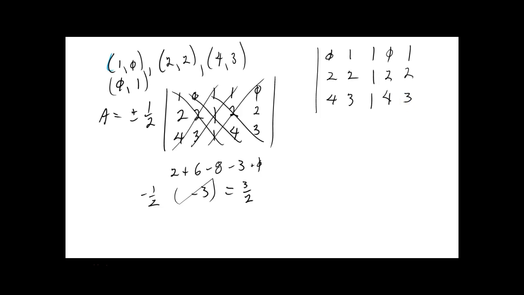Is that really what we had? No. 1, 2, 4. No, yeah. We didn't have it before because we swapped them. Yeah, so now it's 1, 2, 3. So now let's do our determinant. 0, 4, plus 6, up diagonals, minus 8.